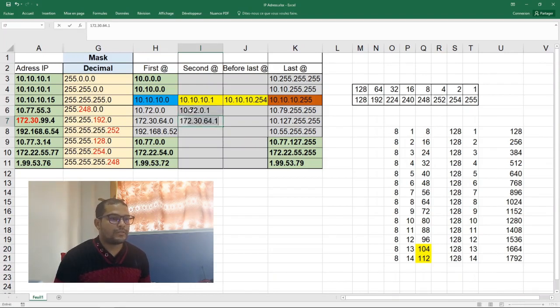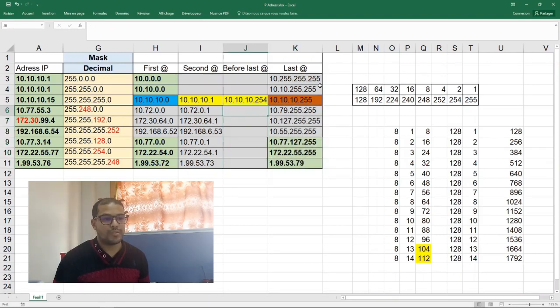This one is going to be 172.30.64.1, of course. This one 192.168.6.53, 10.77.0.1, 172.22.54.1, and 1.99.53.73. These are the first usable IP addresses in our network for the devices, and we need to subtract 1 from the broadcast to find the last usable IP address.